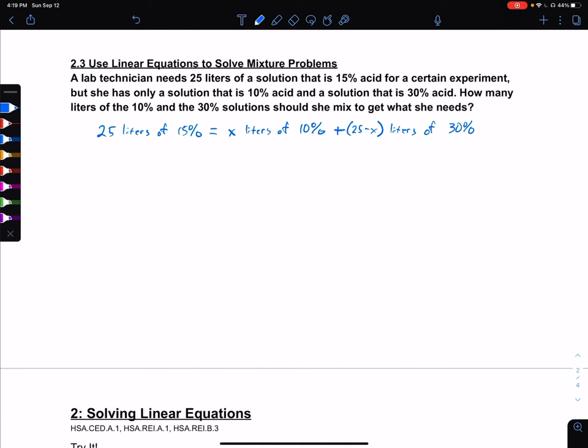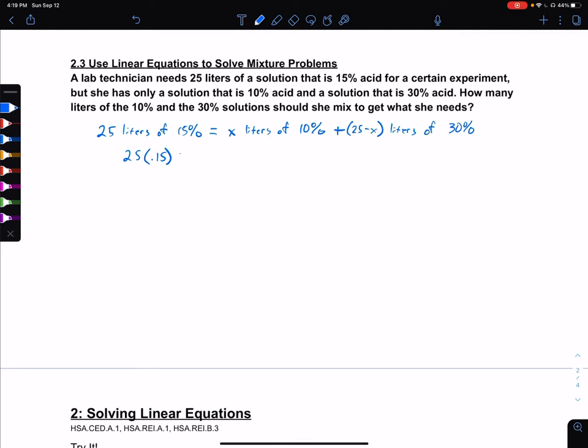That's probably the hardest part, just setting up the equation and figuring out what numbers to plug in. So we need to rewrite this in some numerical values so we can solve this algebraically. 25 liters, we could just say 25. And then the 15% would be represented by 0.15. We're going to write that as a decimal.